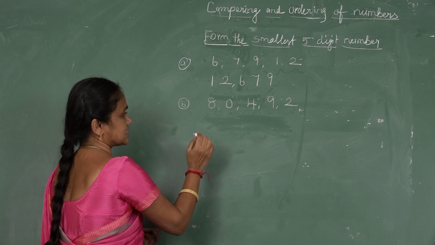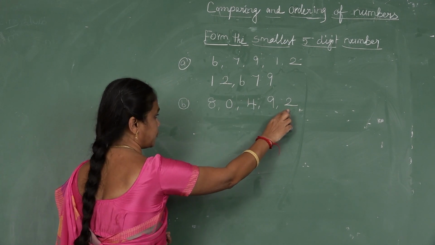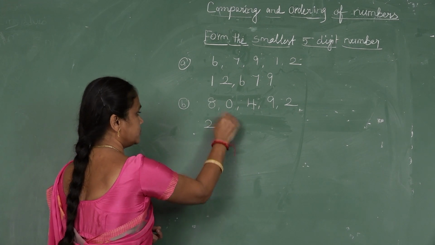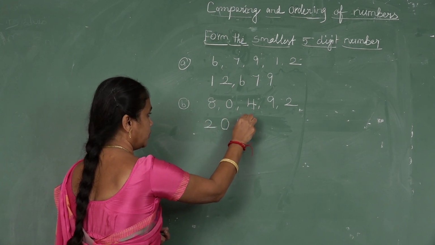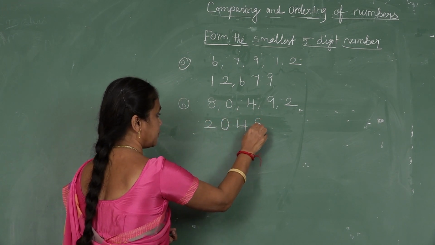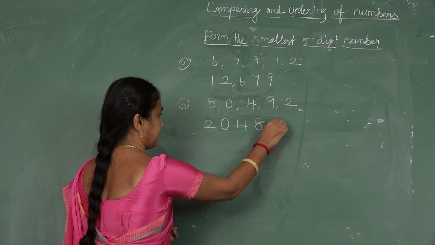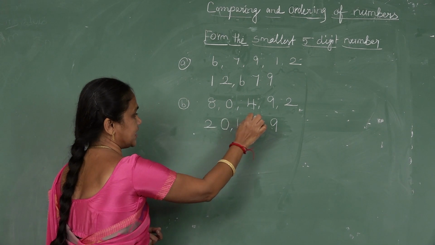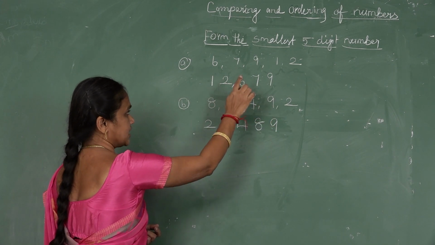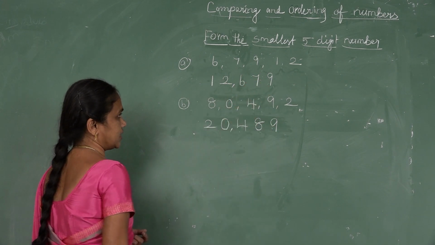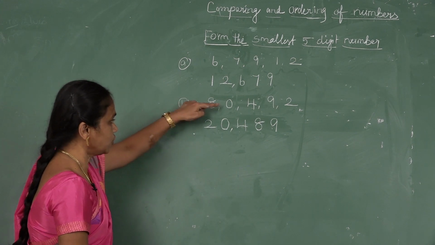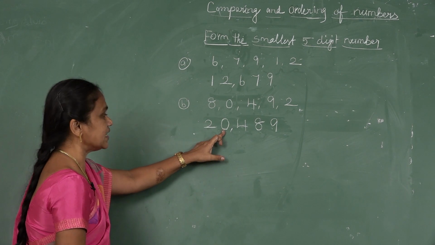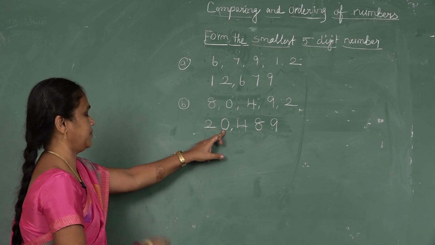You write the second smallest number at first. 2, 0, 4, 8, 9. 20,489 is the smallest 5-digit number. If 0 is one of the digits, we always put the 0 in the second place.